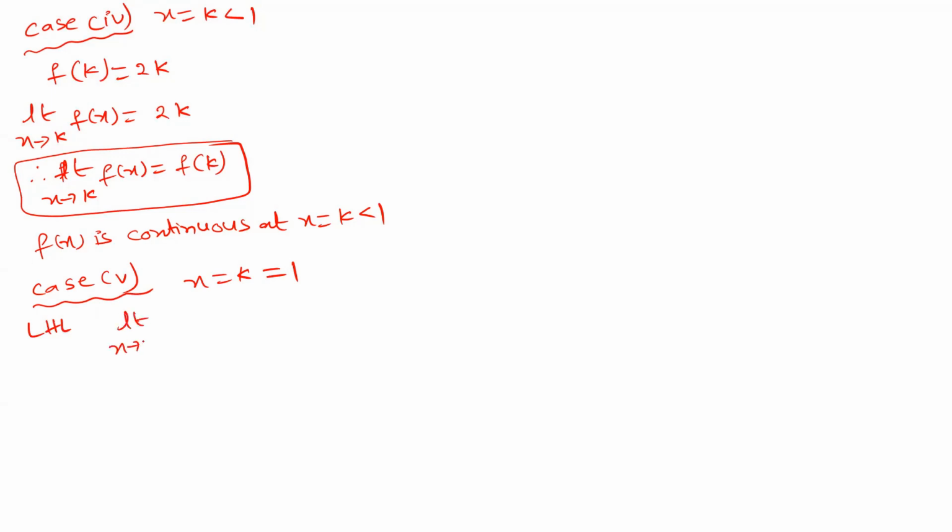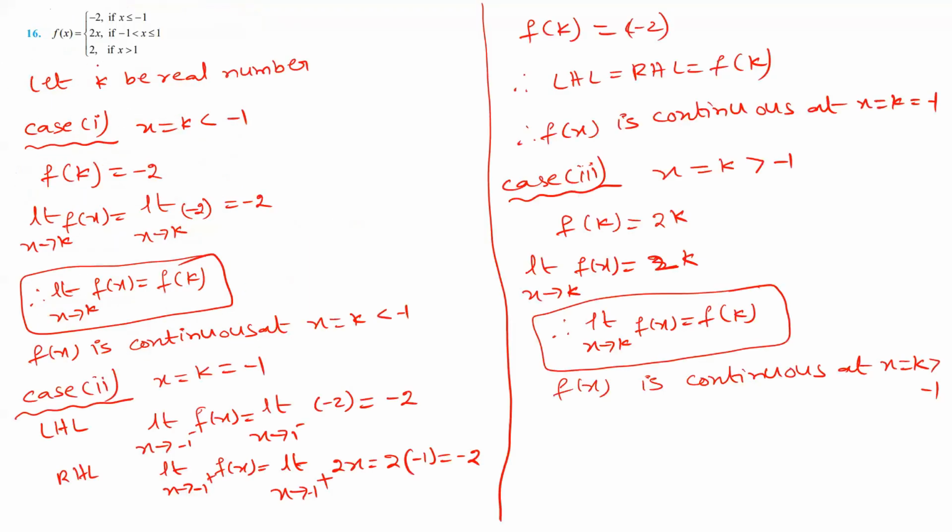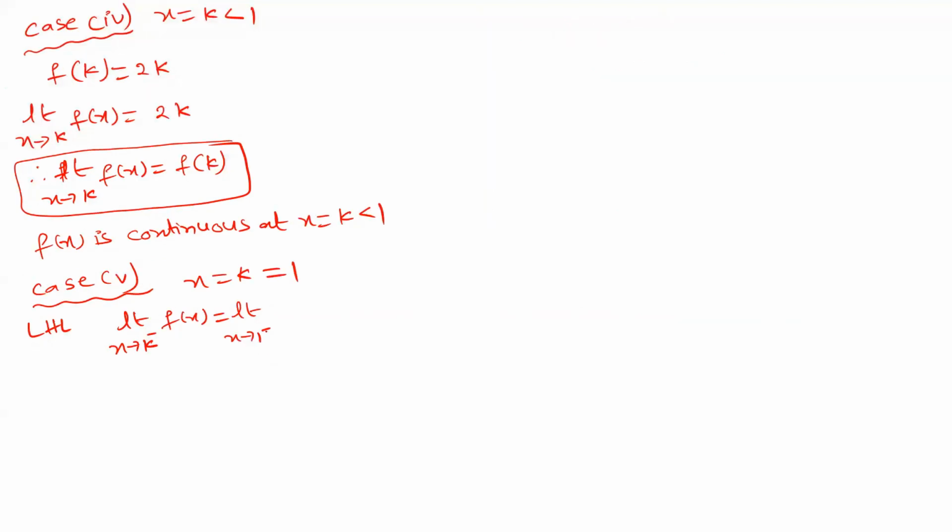Limit x tends to k minus, so k means we will take 1 minus f of x, which is equal to limit x tends to 1 minus. So 1 minus means less than 1, the function is 2x only. We'll take 2x here. So if we substitute 2 into 1, which is equal to 2, we'll get the left hand limit here.